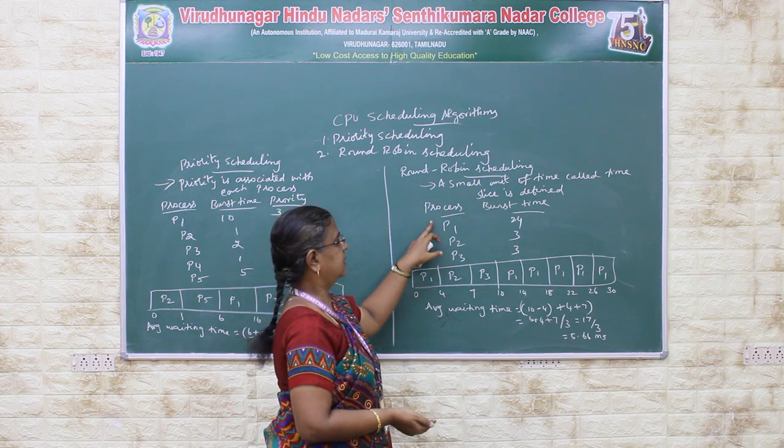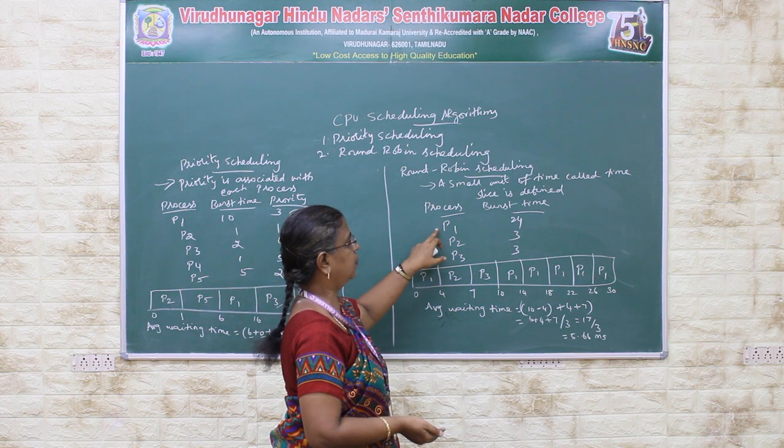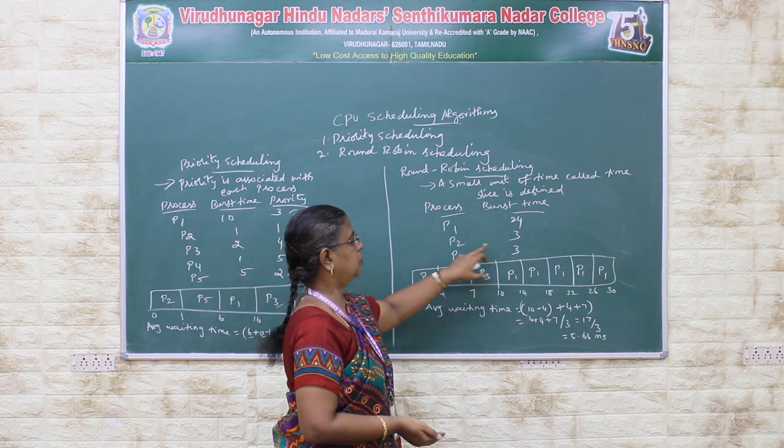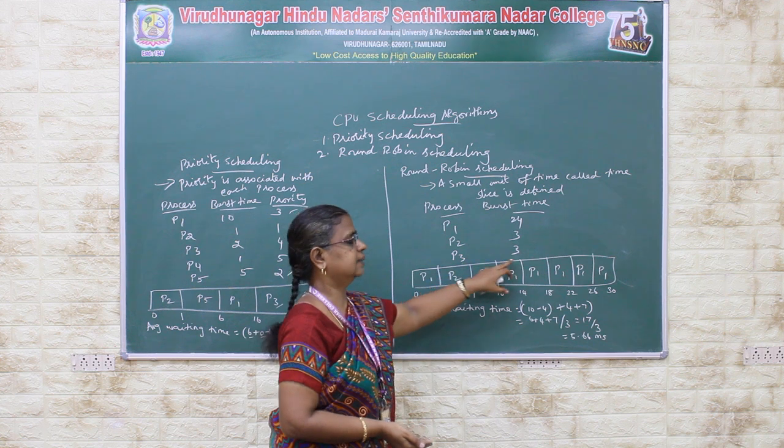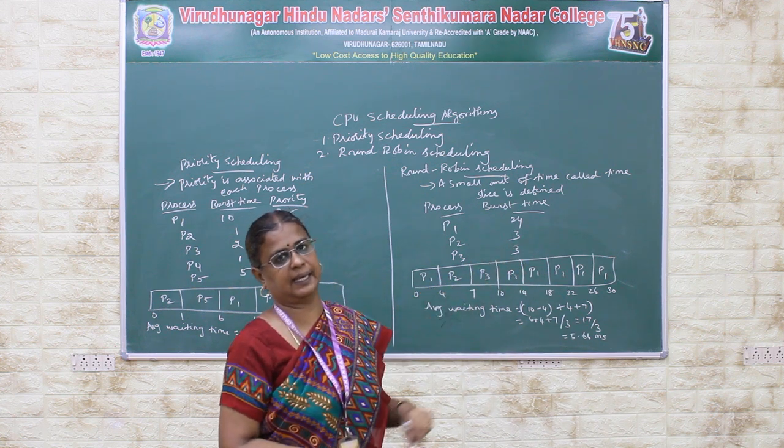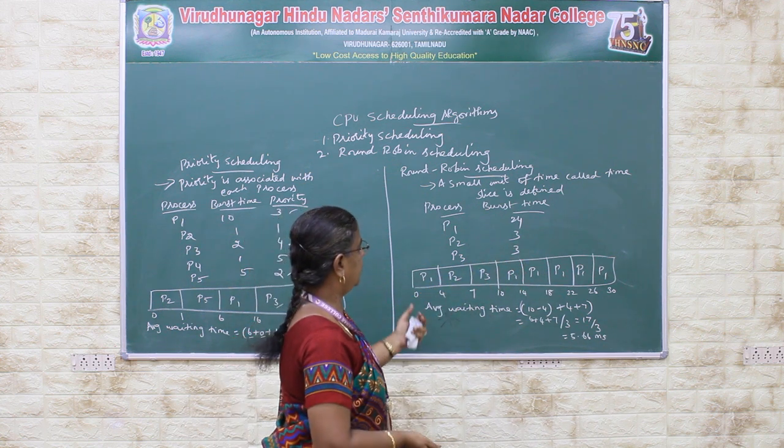Here also is one example. The first process P1 has burst time 24, P2 has 3 and P3 has a burst time of 3 milliseconds.